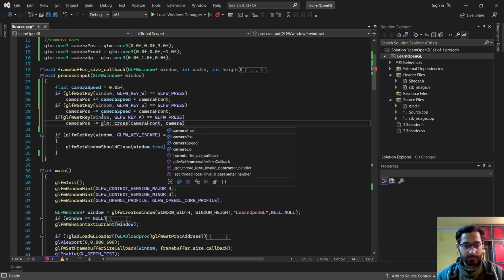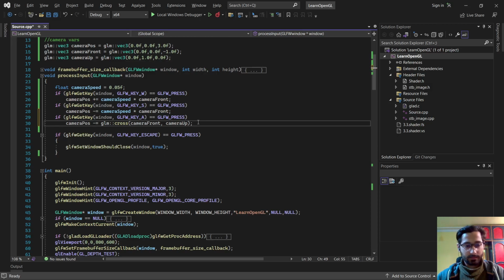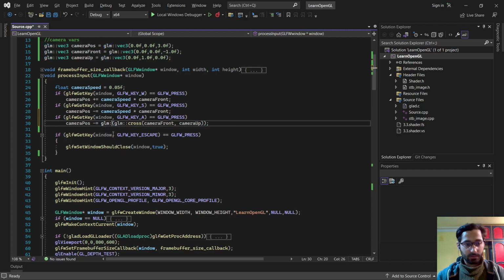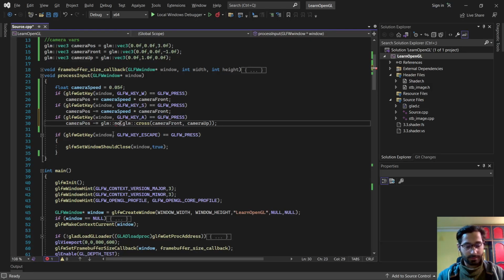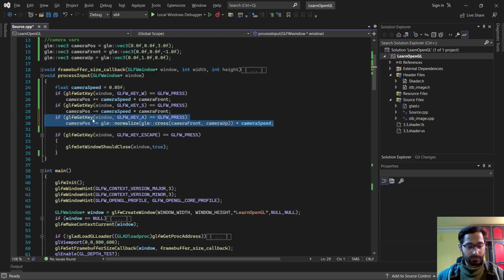Yep, camera up, and then that'll give us the cross product, which will be the right vector, and then we need to normalize that using glm. What is it? Okay, yeah, small n, normalize. Okay, and then we scale that by the camera speed. Right, that wasn't so bad.